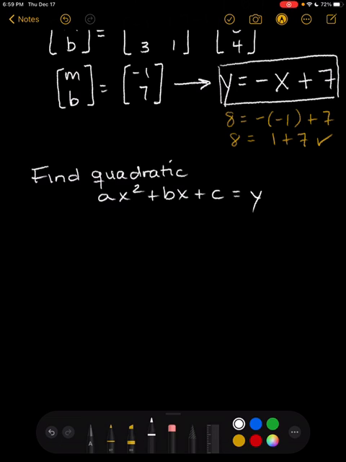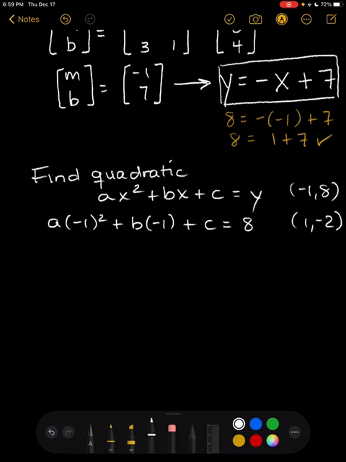You would do the same thing. This time you're substituting your x, so you are going to substitute a times negative 1 squared plus b times negative 1 plus c equals the 8, if your point was negative 1 comma 8. If we had a point 1 comma negative 2, we would do the same thing again.